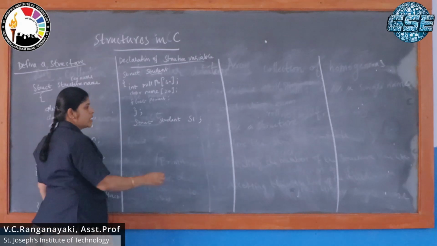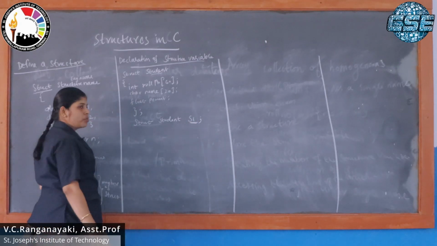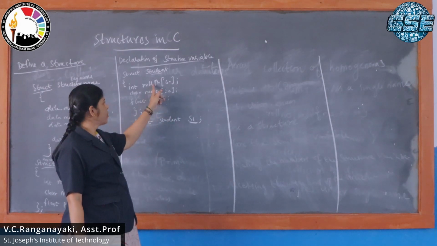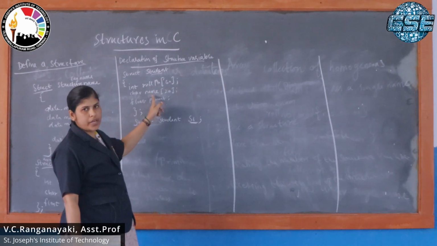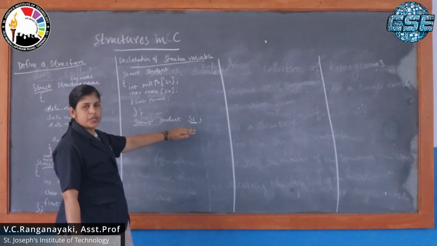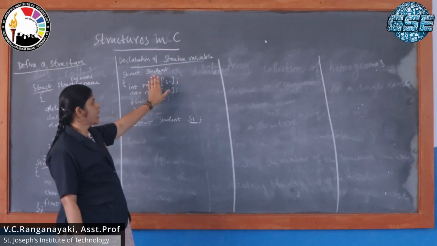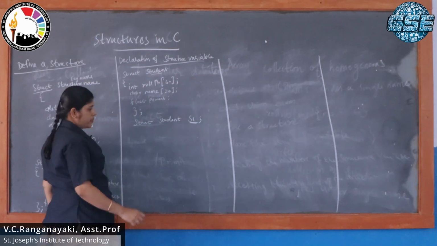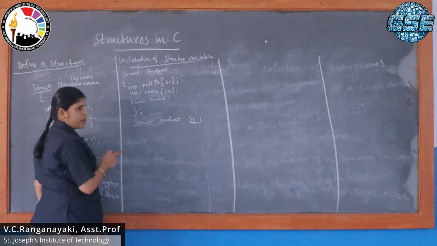So this is the structure variable. Through this structure variable, I can access all three members of the structure, right? With the help of the structure variable only, we can access the members of this student structure. So this is the second step.